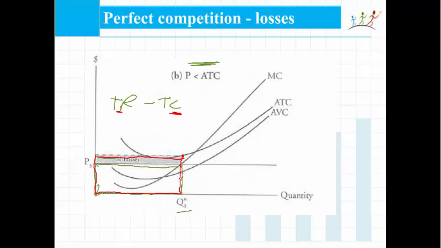The question is, should the firm stop production? Given this graph, should the firm stop production? Let's see.